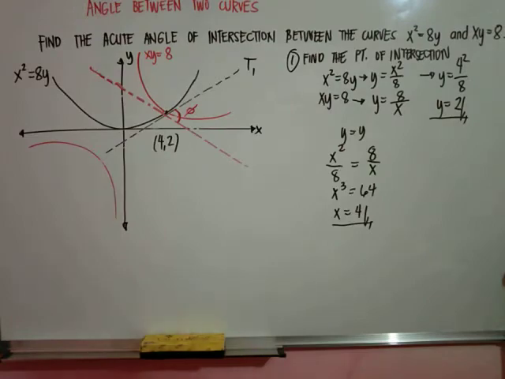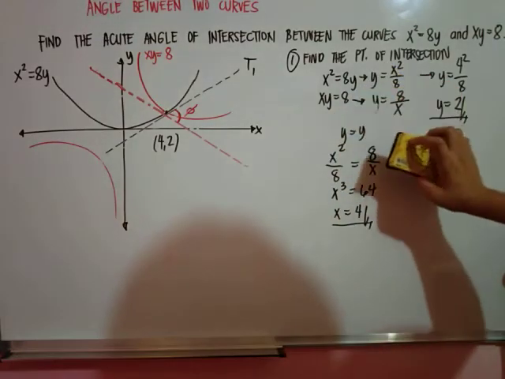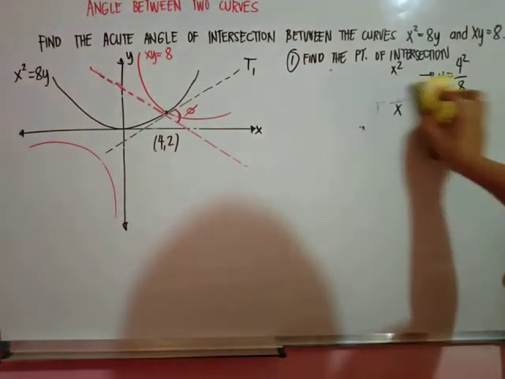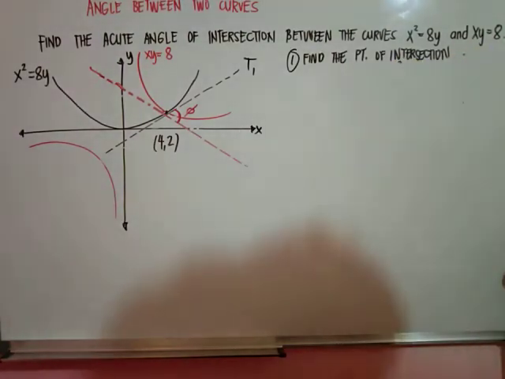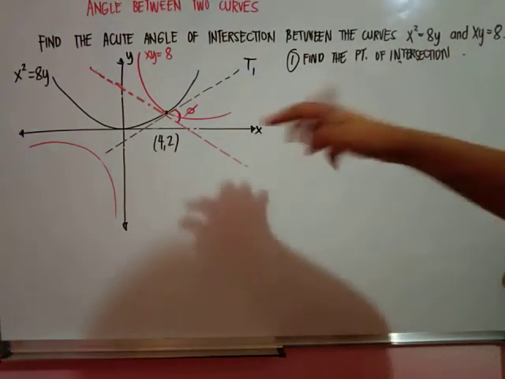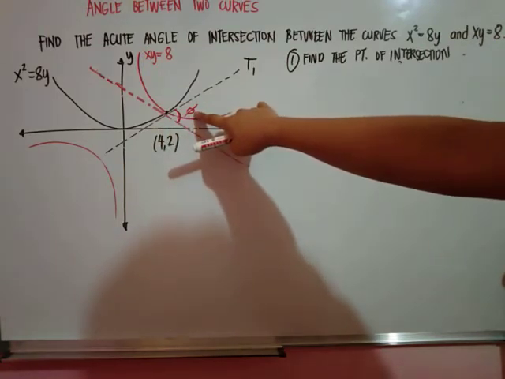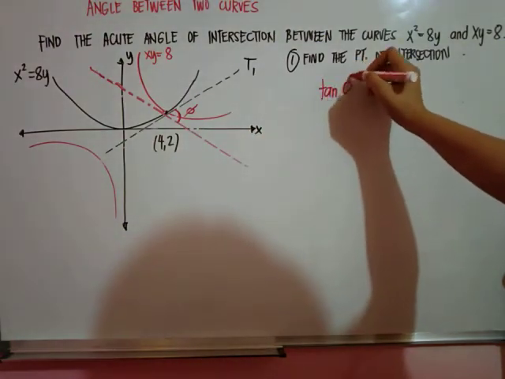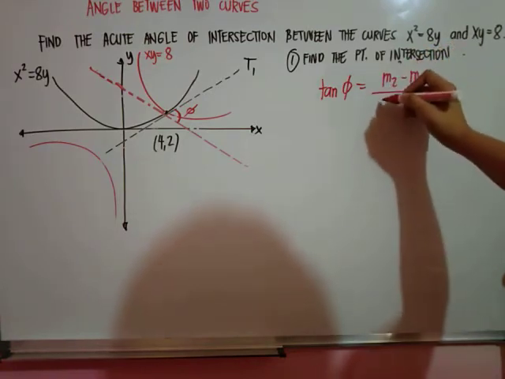The next step is kunin natin yung slope ng mga tangent nila. Kasi nga, sabi, yung acute angle of intersection between two curves is equivalent daw sa slope ng mga tangent nila.